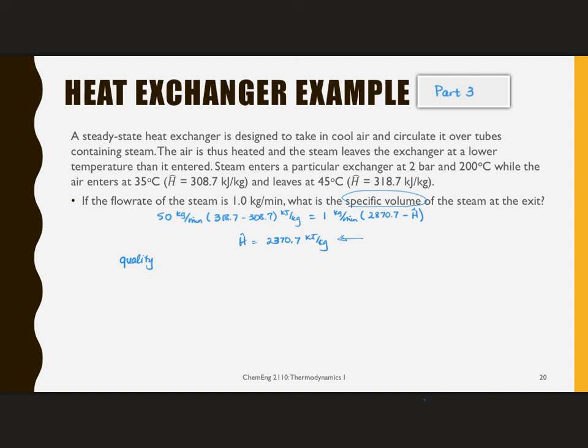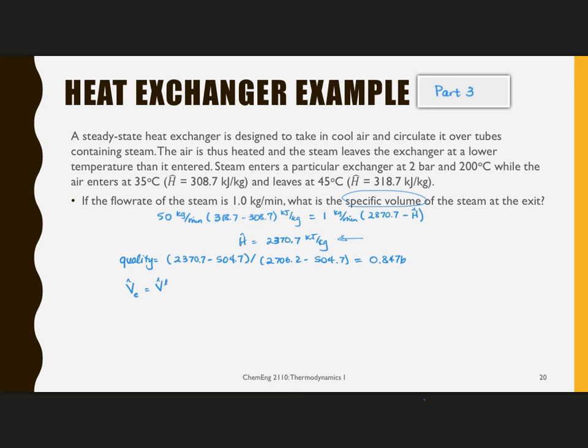So the quality of the exit steam is going to be this 2370.7 minus the saturated liquid over the saturated vapor minus the saturated liquid again. And therefore it's 0.8476.